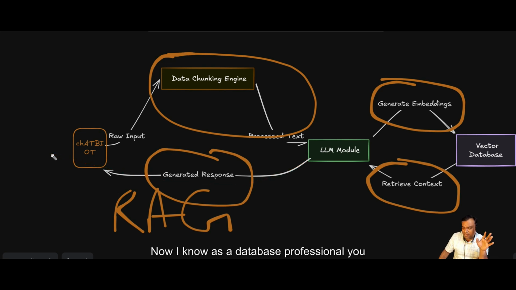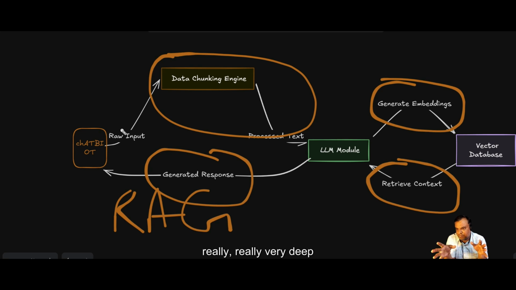Now, I know as a database professional you have a lot of questions, like session management, and where to store the questions I'm asking, because I'm telling you, the Gen AI platform architecture is multi-layered, really deep and really complex. And this is the simplest architecture I'm showing. We will go deeper as we understand the terminology and the concepts.